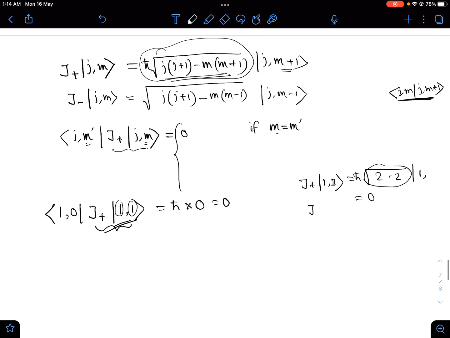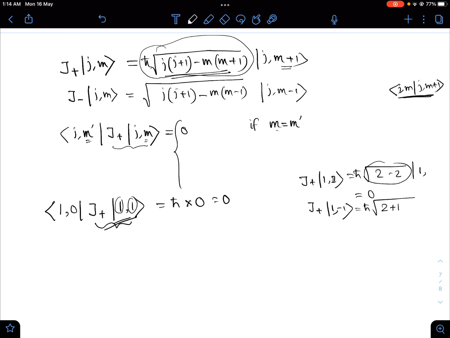And what will be J plus on |1 -1>? It will give us ħ root under 2 minus m(m+1), with m equal to -1, so it brings it back to |1 0>. So root 2 ħ |1 0>.